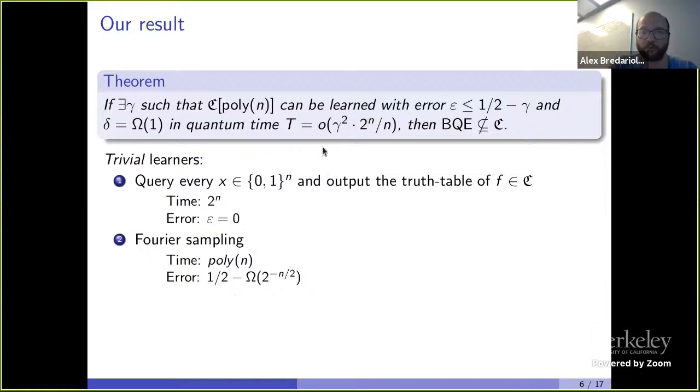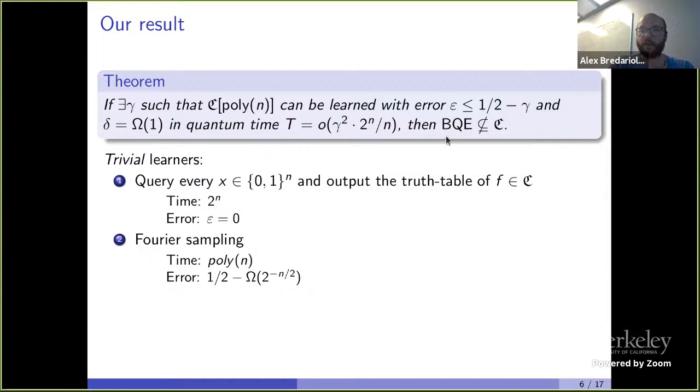And if you compare these two trivial learners with the parameters that we have, it turns out that a slight improvement of any of these trivial learners gives us circuit lower bounds. Because the time in the first learner would be 2 to the n over n, but here in this first learner we have 2 to the n.